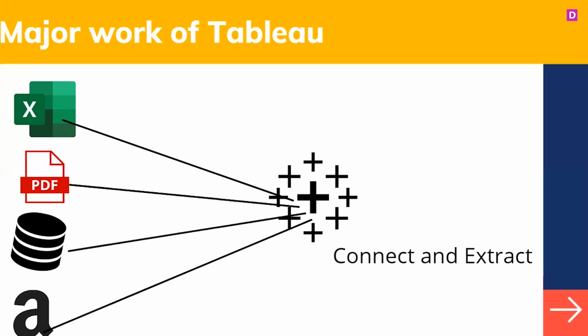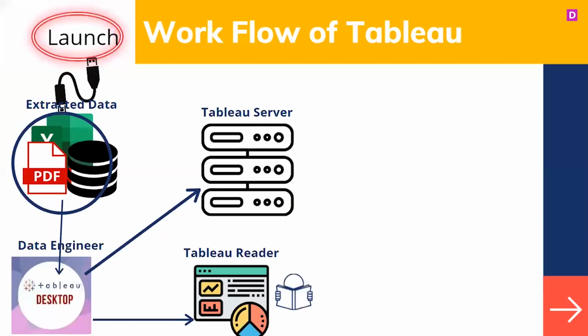Since connecting and extracting is supposed to be the major responsibility, how this whole responsibility is going to happen and what the total workflow is that needs to be followed is what we need to understand to see how Tableau is working. First of all, you open your Tableau. You will have a desktop Tableau, where you have installed Tableau on your local machine. You just double click on that shortcut to open Tableau Desktop.